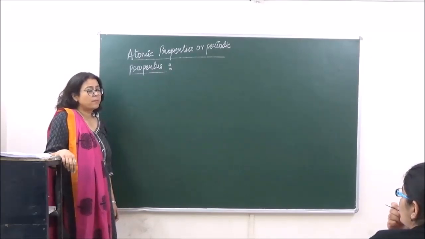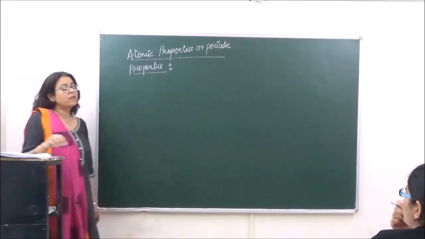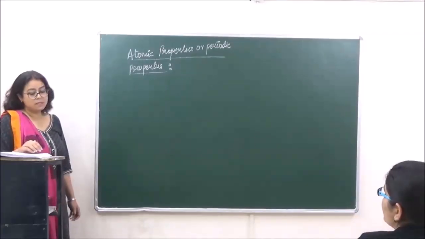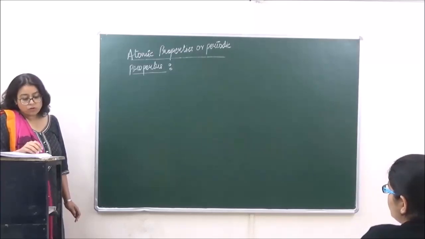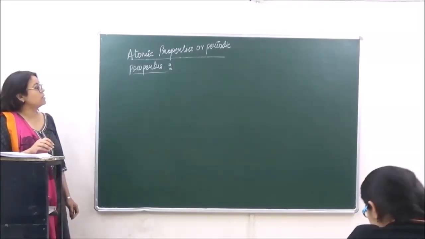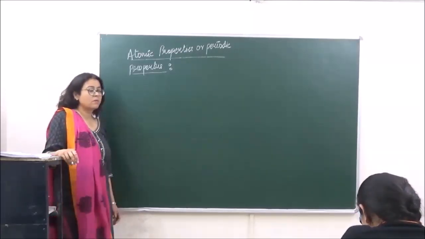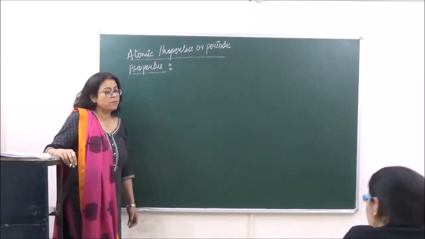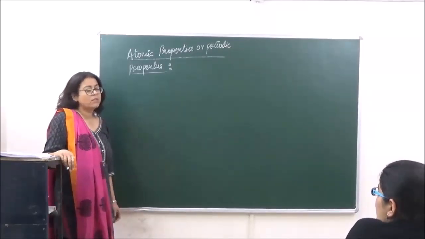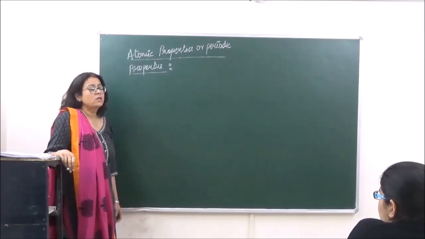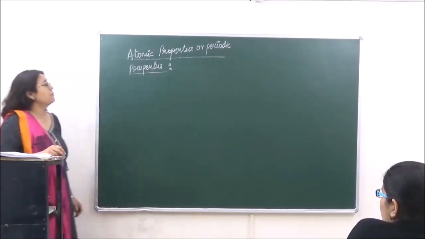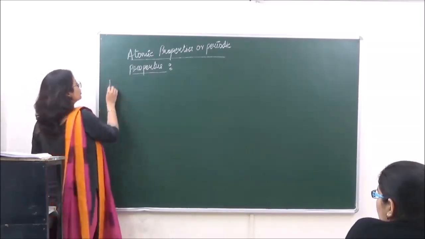Like if we're talking of chemical properties, then after regular intervals, the elements will possess the same chemical properties, right? So we're going to study two types of properties: physical properties and chemical properties. Chemical properties will remain the same, whereas the physical properties will show a normal or general gradation.